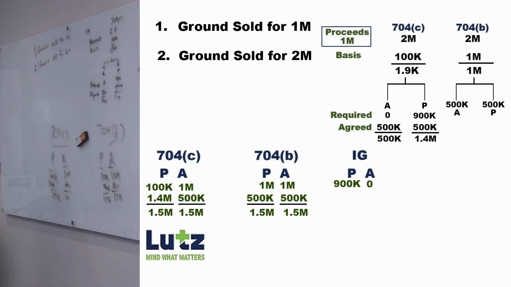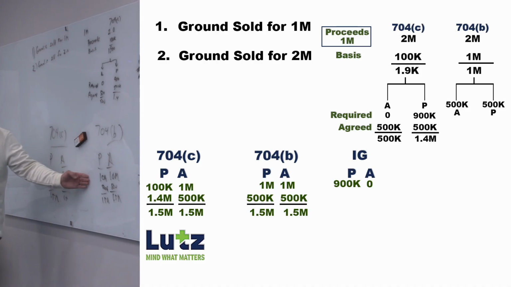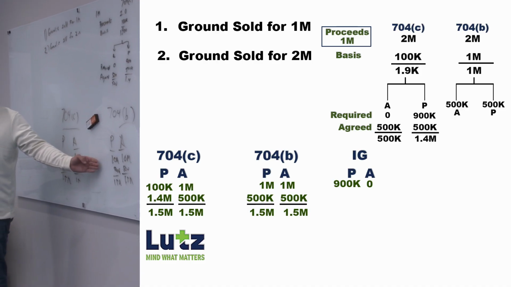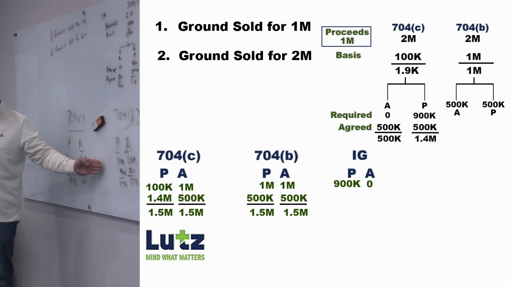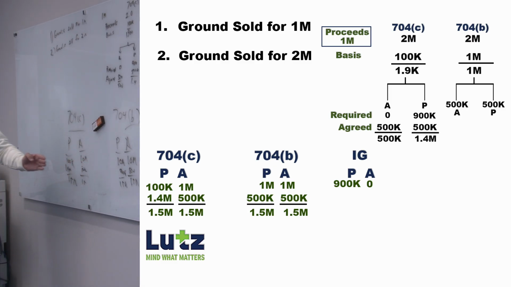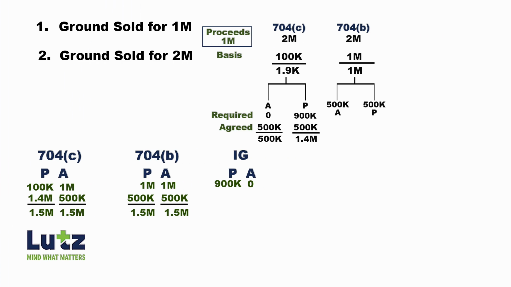You have a gain-loss calc that occurs for 704B, and your basis for that gain-loss calc is the amount you agreed was the fair value of that particular asset at the date of contribution. And your 704C kicks out what's required versus what's agreed upon. Gotcha.